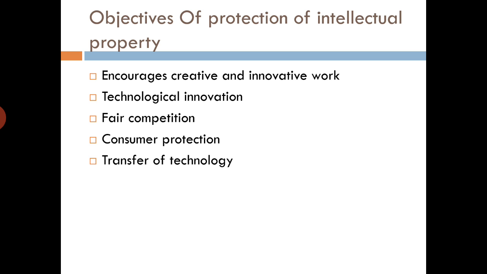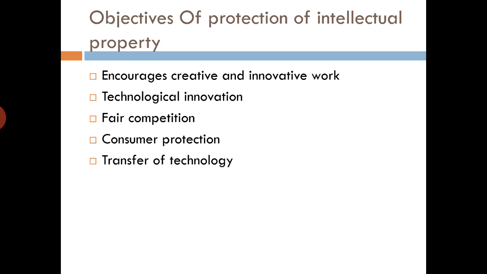Then transfer of technology is one of the objectives of protecting intellectual property. If you look closely, all the innovations are happening in developed countries. Developing countries are simply borrowing technology from developed countries.